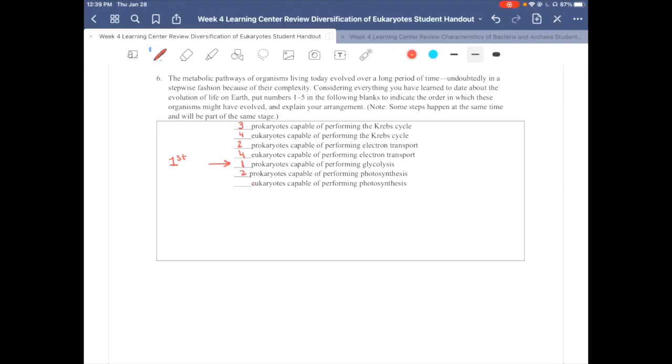And then finally, we have eukaryotes performing photosynthesis. And this again goes back to the double symbiotic thing that happened, where there's a cyanobacterium that has chloroplast and then that gets engulfed by the photosynthetic eukaryotic cell.